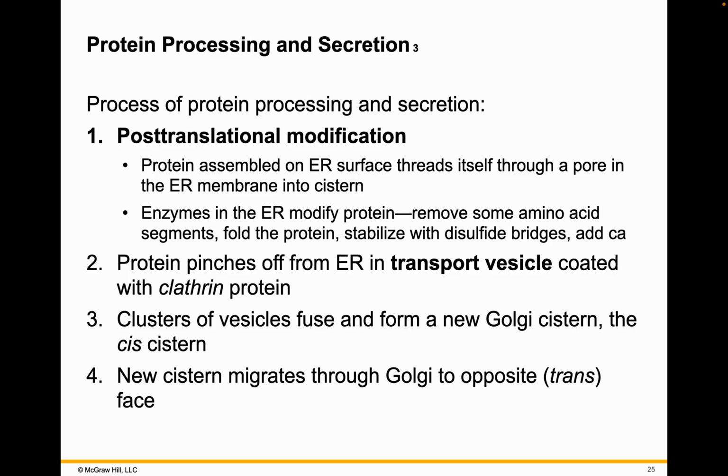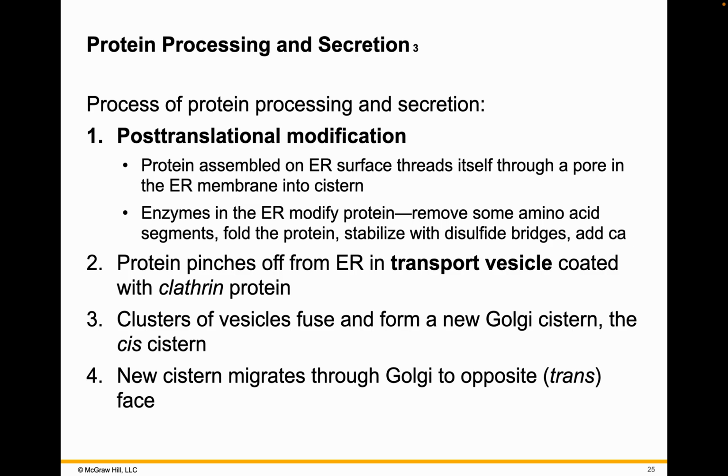Proteins would then pinch off from the endoplasmic reticulum in a transport vesicle coated with clathrin proteins. Clusters of those vesicles fuse and form a new Golgi cistern on the cis side of the Golgi apparatus.